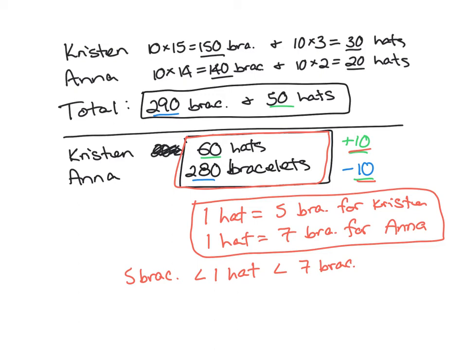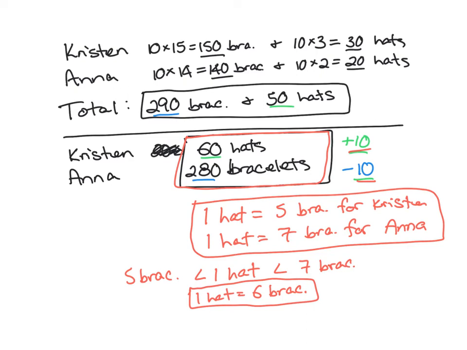Okay, so we could say, for instance, 1 hat equals 6 bracelets. That would probably be mathematically easiest, although you could go with 5.5 bracelets, 6.5, anything between 5 and 7. All right, so let's say they decide to go with 1 hat equals 6 bracelets. Now we need to pick how many total hats and bracelets will be traded.